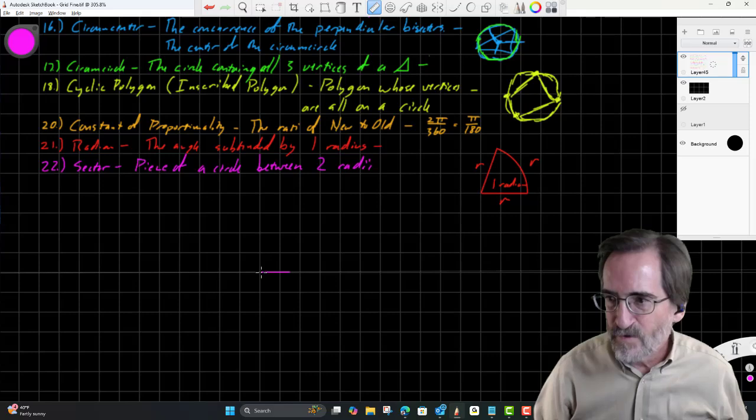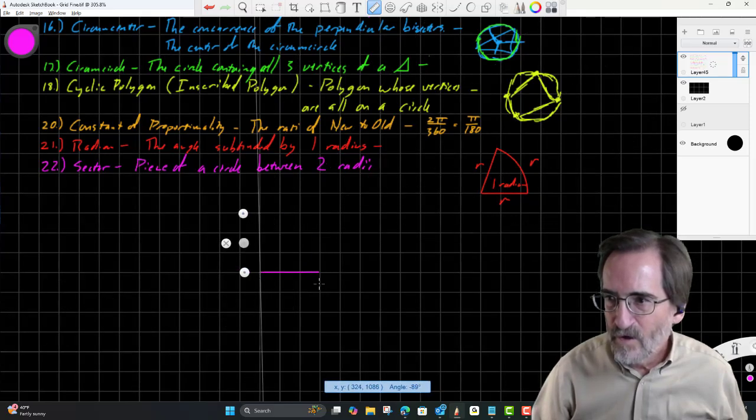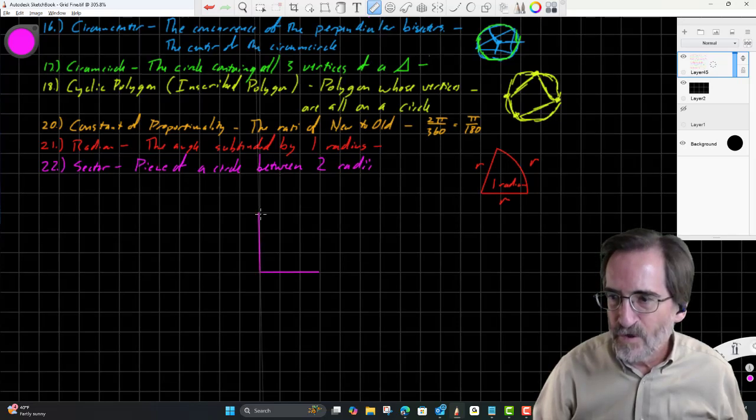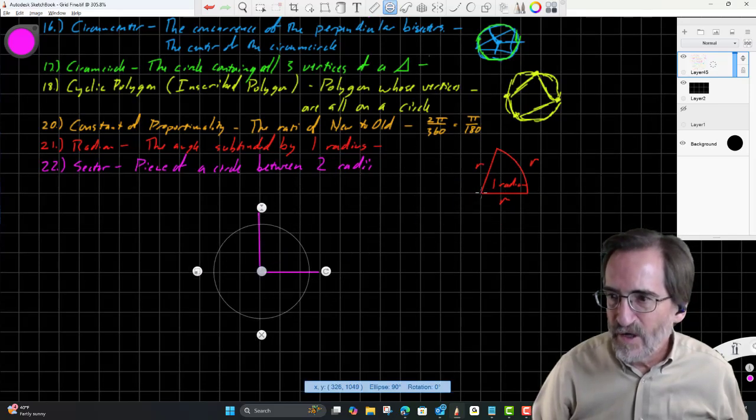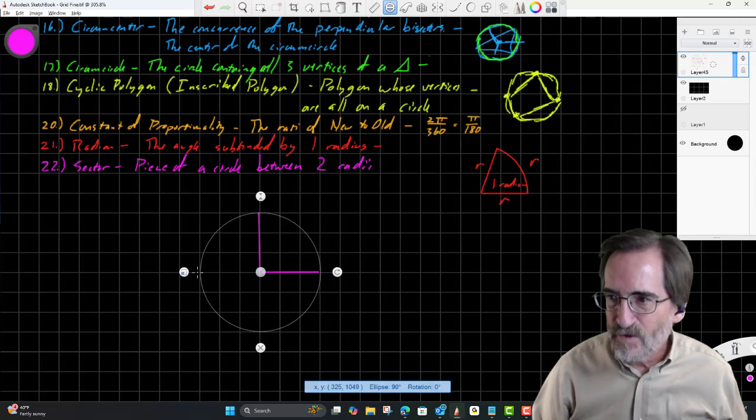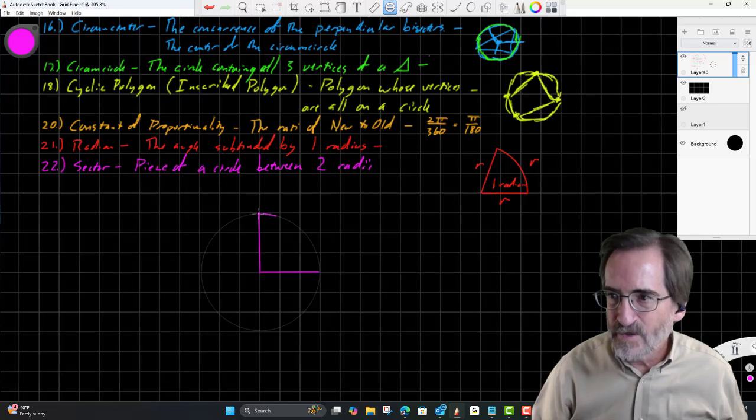Draw my circle of radius 3 here. We'll make it close to a quarter circle here. That's a sector. There's 2 radii, and the piece of the circle that's bound between them is a sector. And we can find the arc length of the sector, and we can find the area of the sector.